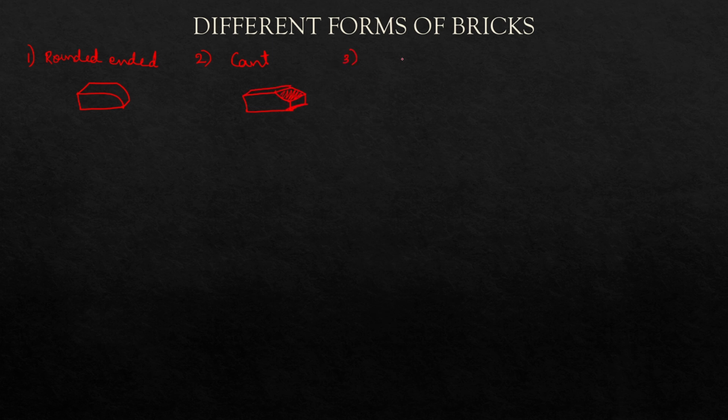The other one is double cant. This is chamfered at both ends. Next is compass. Usually these are normal shape.